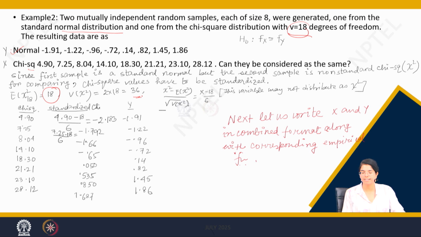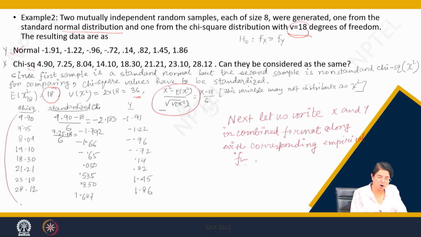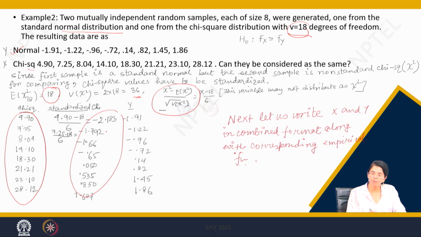How to do the standardization? Chi-square minus expected chi-square divided by the standard deviation, the square root of the variance of chi-square. So (x minus 18) by 6. You have to standardize all these figures into this column, and that is what is done here.